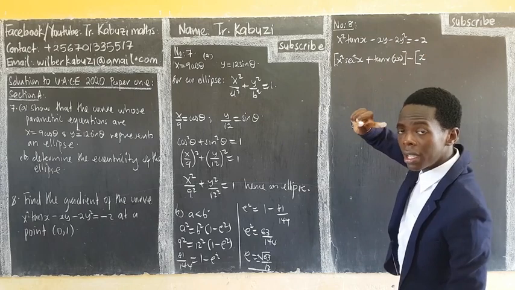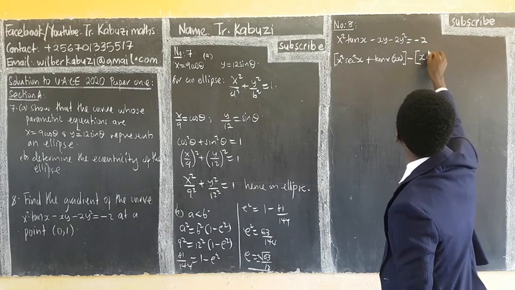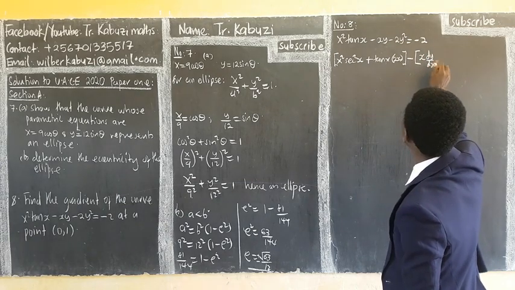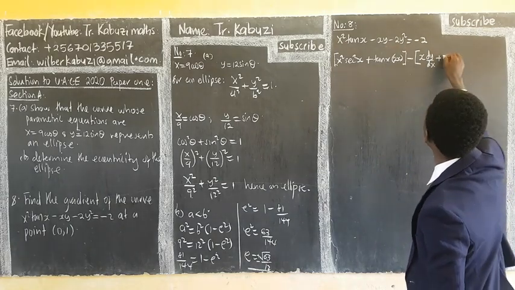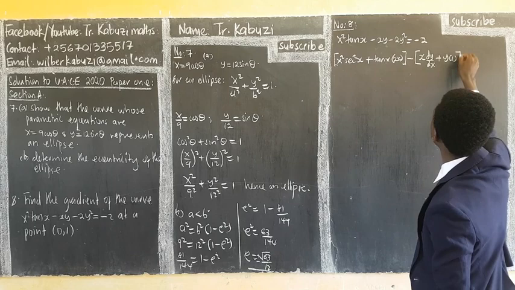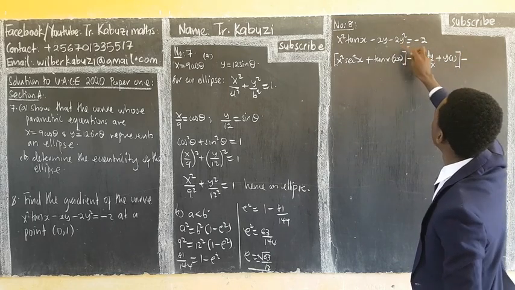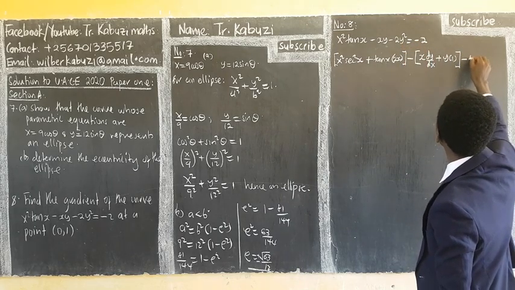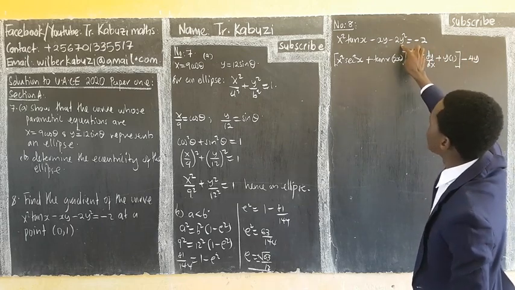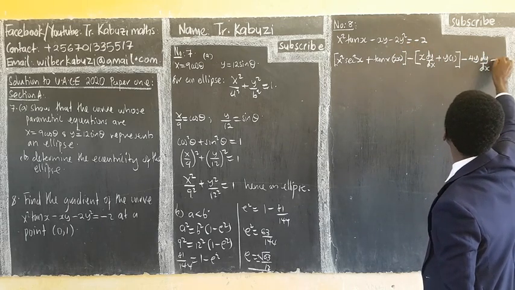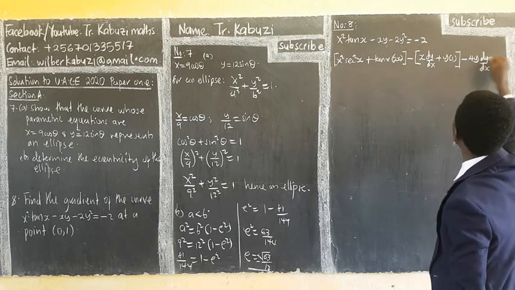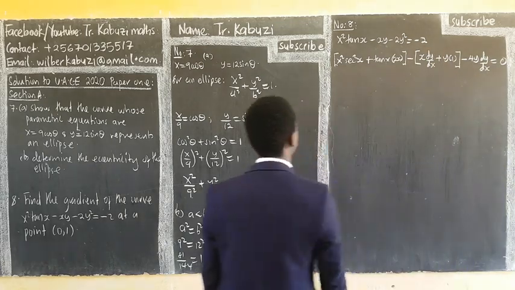When I differentiate this y, I get 1. But because I'm differentiating a function of y, this one now becomes dy dx. Then plus, fix y, differentiate x. Then minus, when you differentiate this, you get 4y, and remember, we are differentiating y, so dy dx. When we differentiate a constant, we get 0, as simple as that.